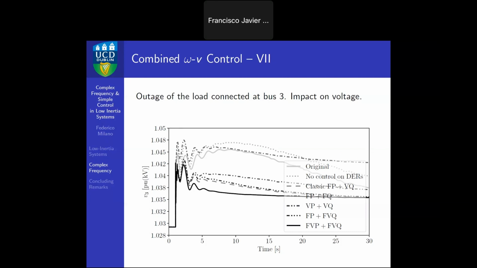In some cases you could obtain basically the same result with a classical control. There are some situations, like the ones that I'm showing, where the classical controller is performing worse than the proposed control. So it's never harming.